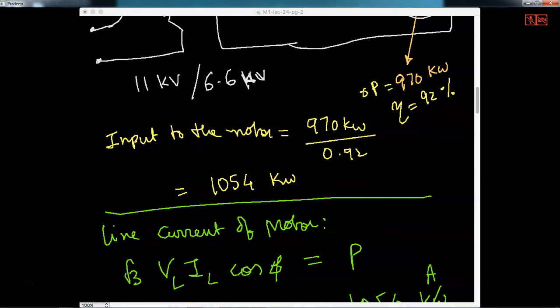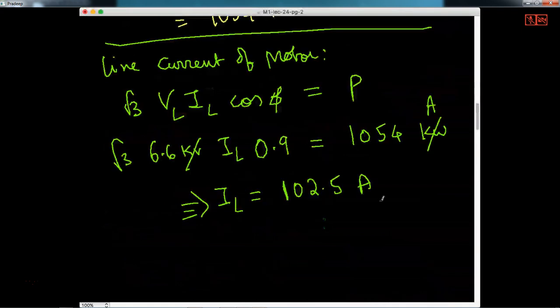$1054. Okay, that is correct. And okay, so this is the line current of the motor. And once we have the line current of the motor, what else can we find?